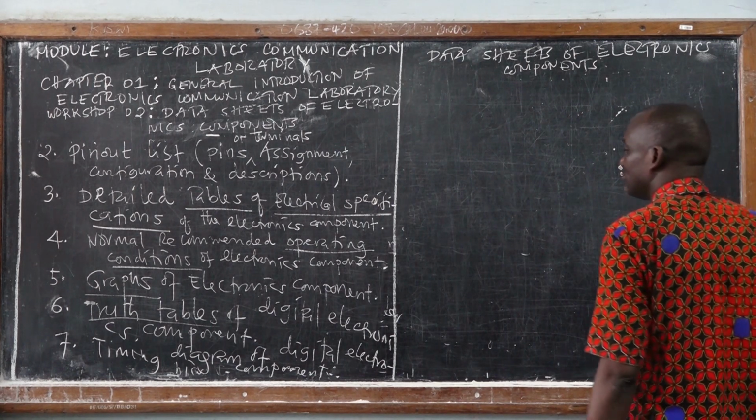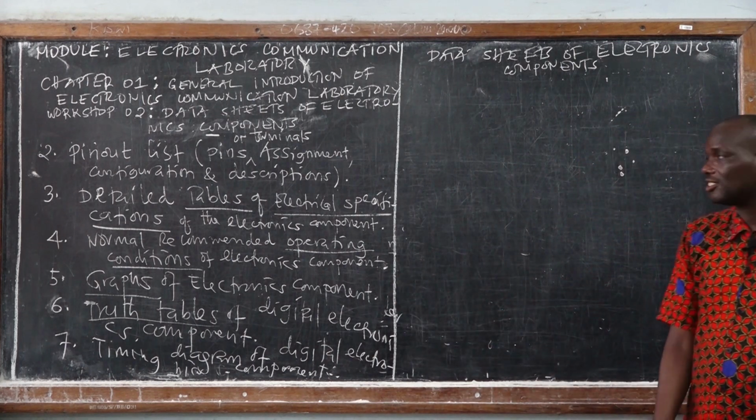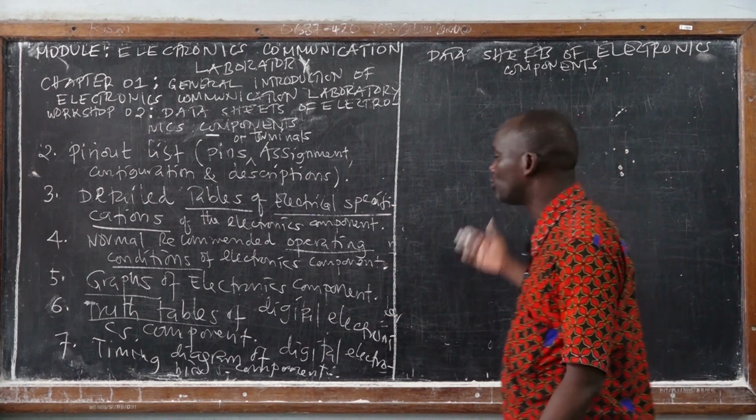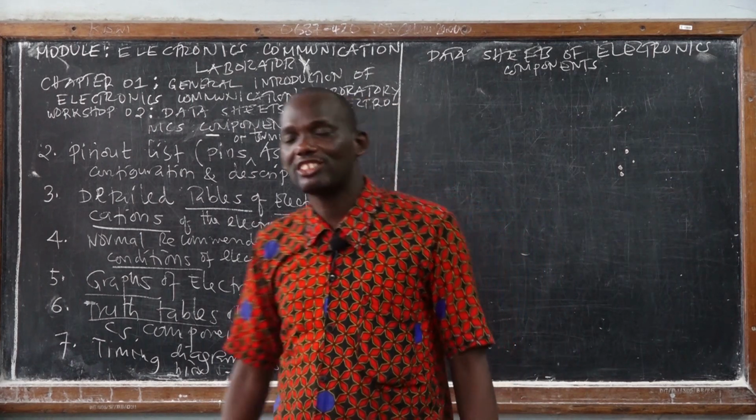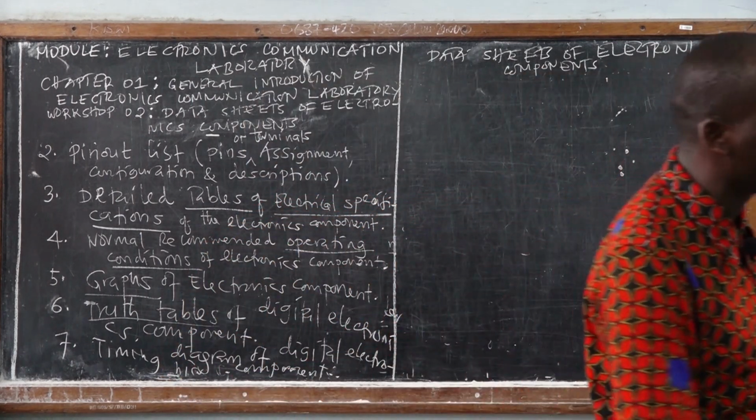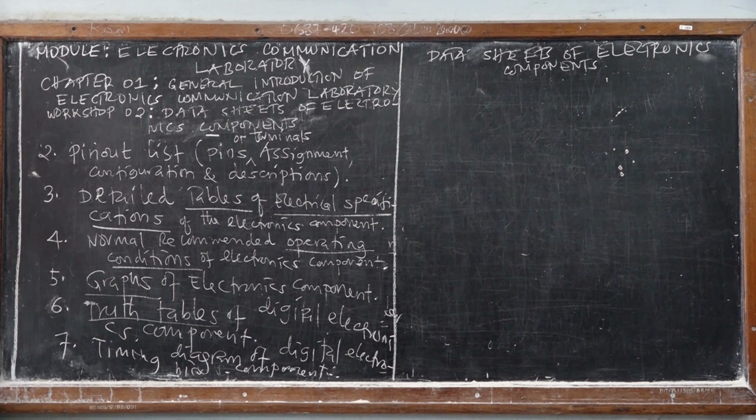So these are the 7 main parts. The first one is what? Summary. Say summary of features and functions of electronics component. The second main part is called what?